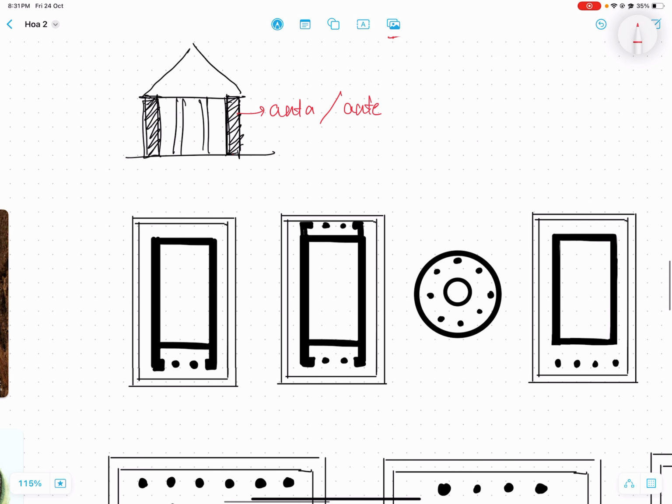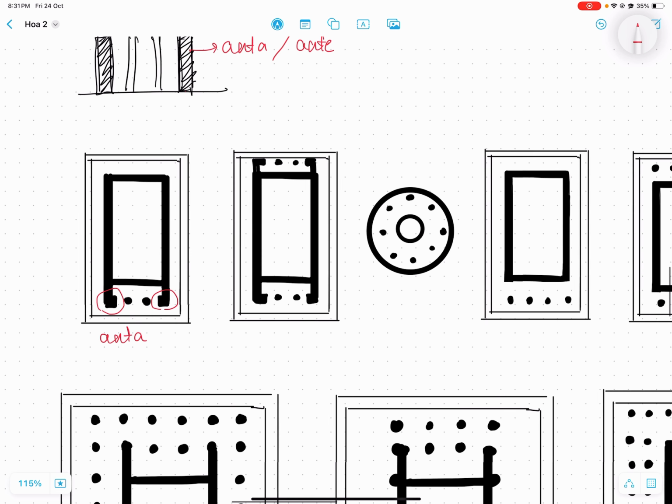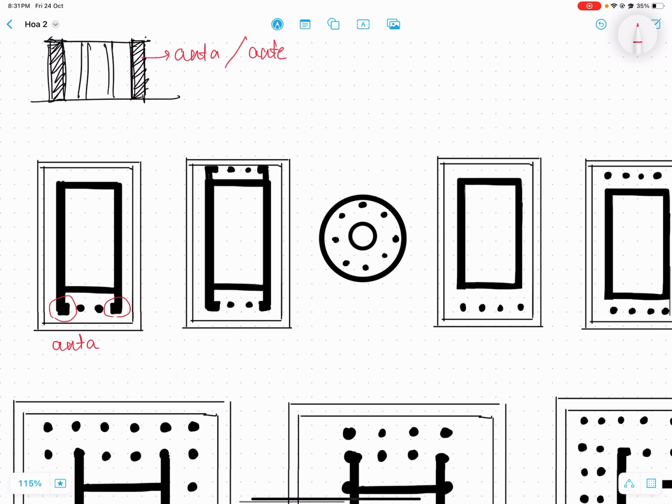Okay, so you can see it here. We have our anta. So this type of building is called in antis. Then we have it on both the sides, so it is double anta.